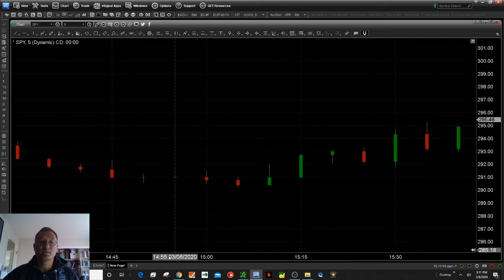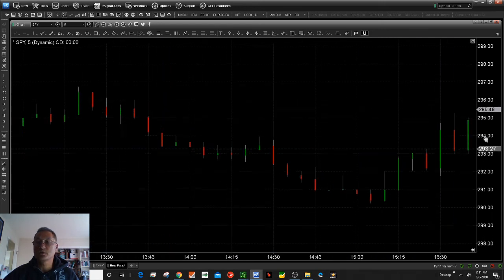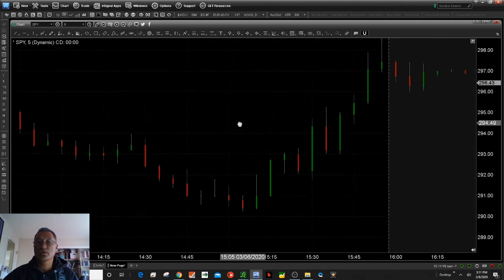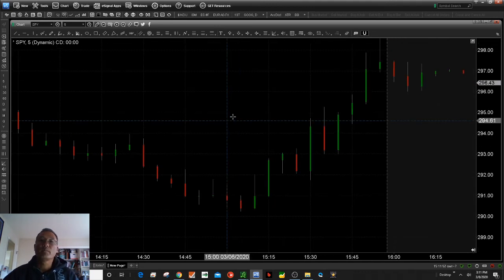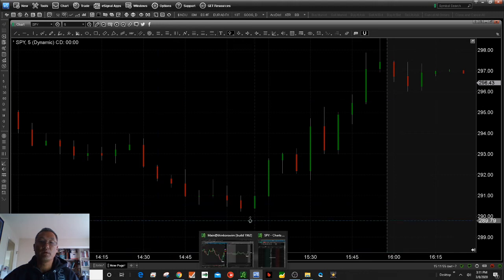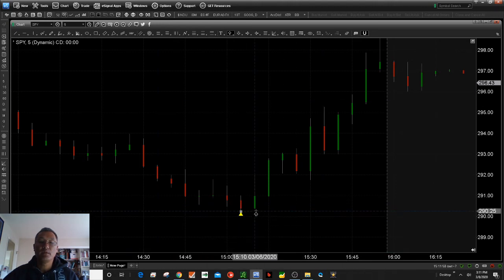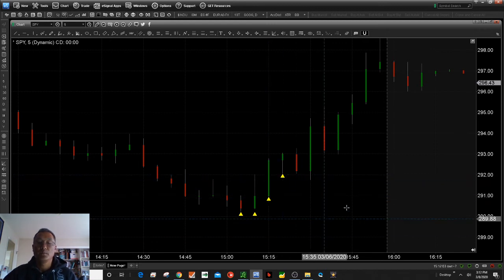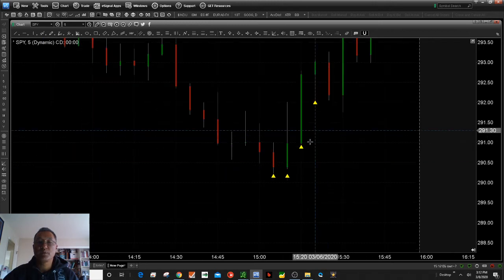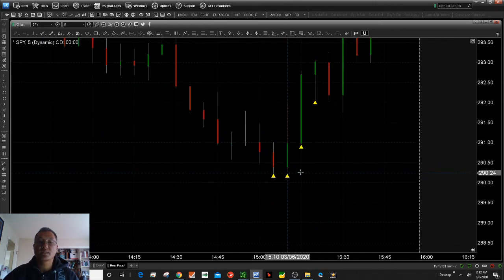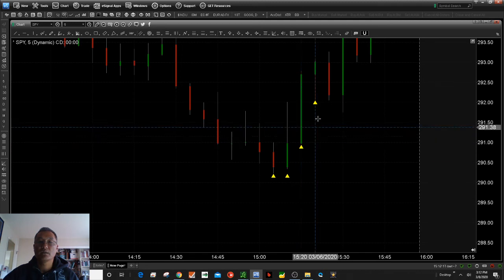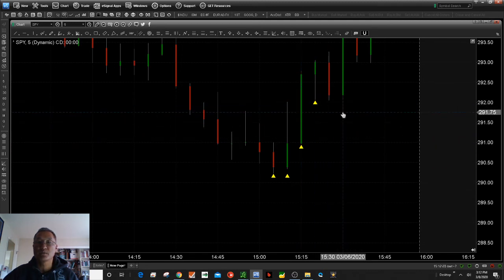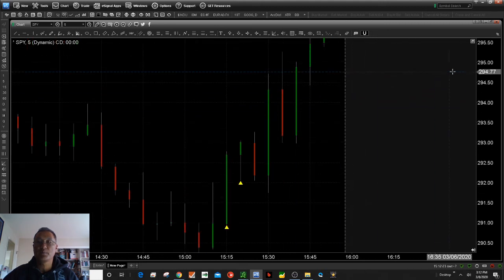All right. What else is there to know about this chart? You might hear people talk about, we have a low here, and then we have a higher low, and a higher low, and a higher low. Meaning that for each 5-minute candle, the price action never broke the previous low. So there's a low, a higher low, a higher low, a higher low, and then we actually broke this low, and then we started going back up even more.